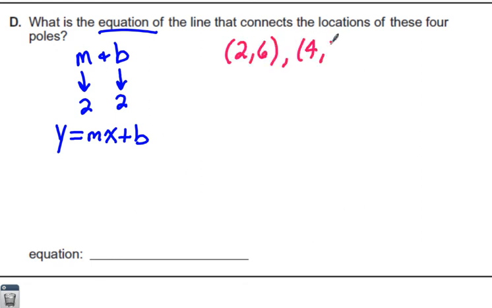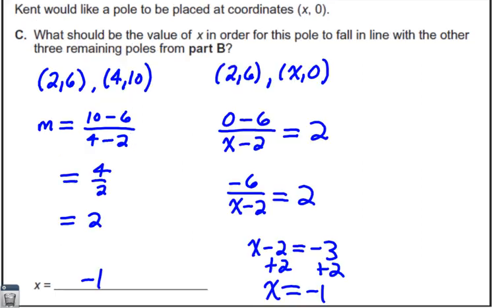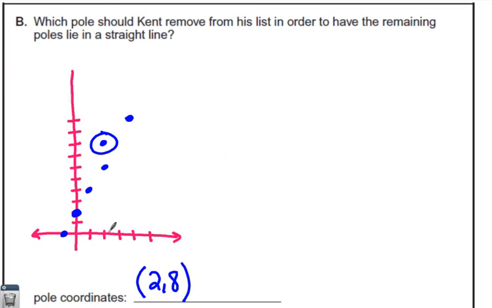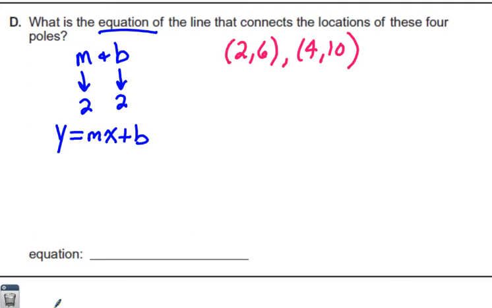I know for sure enough that 2, 6 and 4, 10 are points on my line. And when you have 2 points, you can figure out m, and that's what you should do first. We already did it. M turns out to be 2.